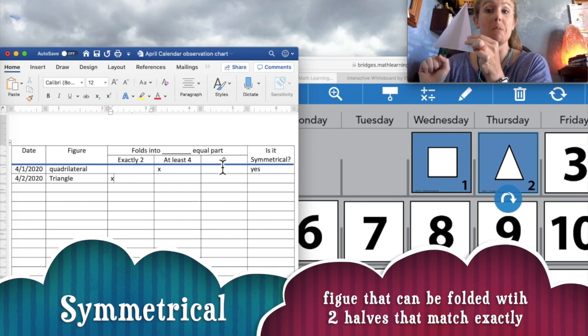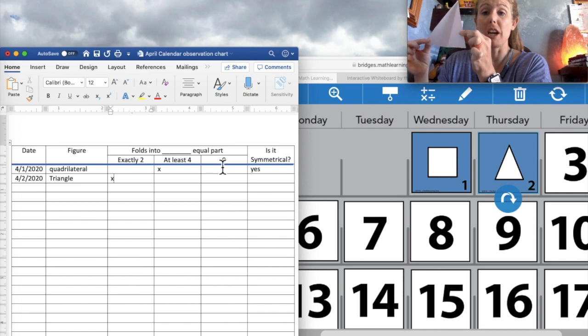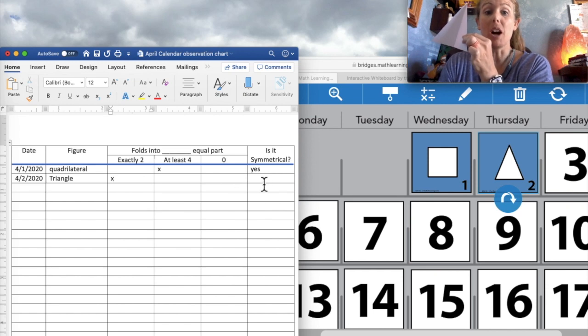Remember, congruent means same size and same shape. Do we have 2 shapes that are the same size and the same shape with this line of symmetry down the center? That is correct. Yes, we do. So our shape is symmetrical. So I'm going to put yes in there. It is symmetrical for today.